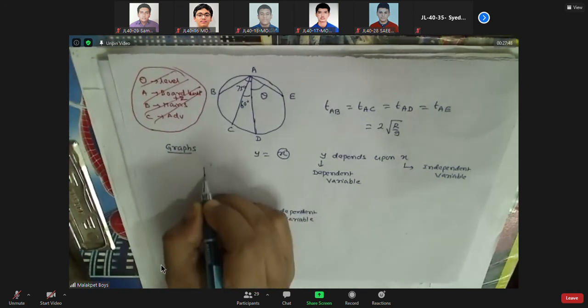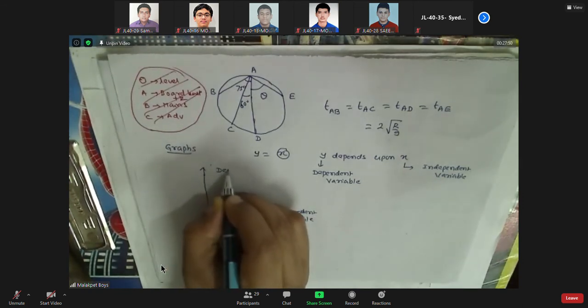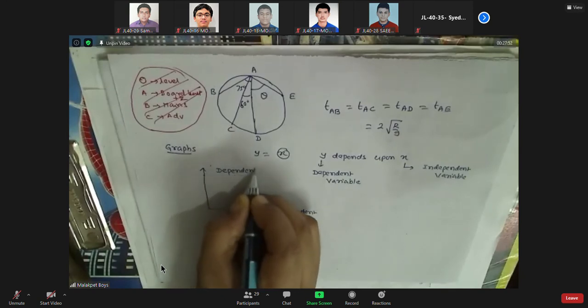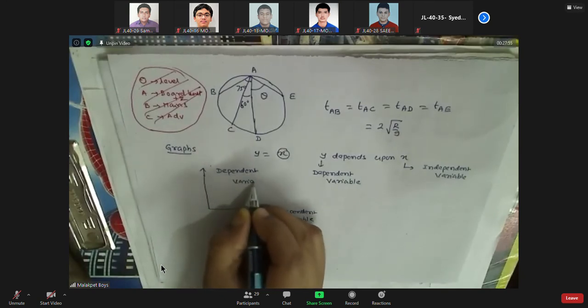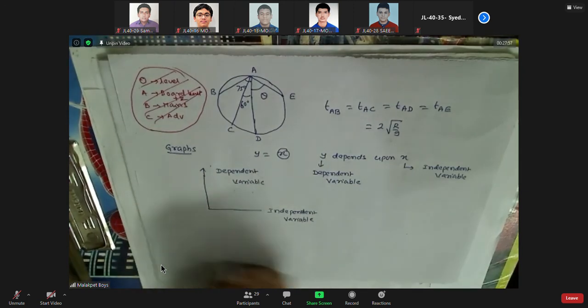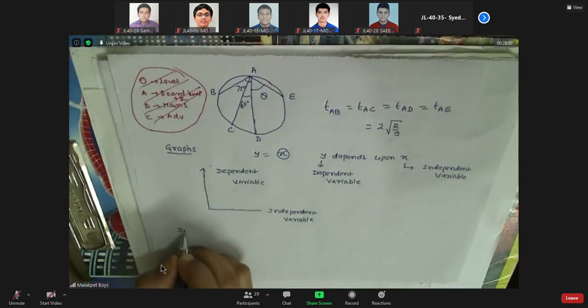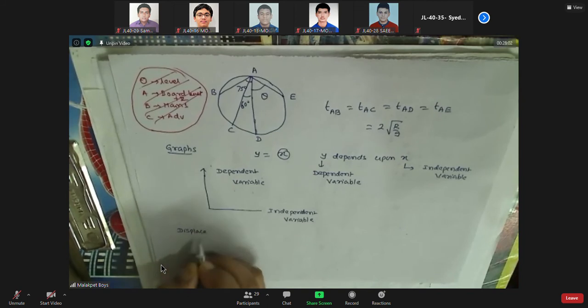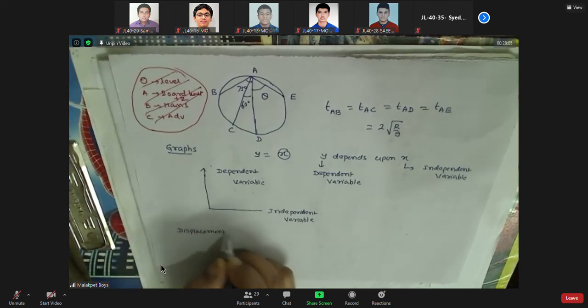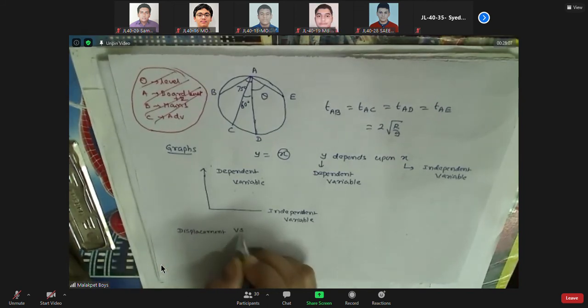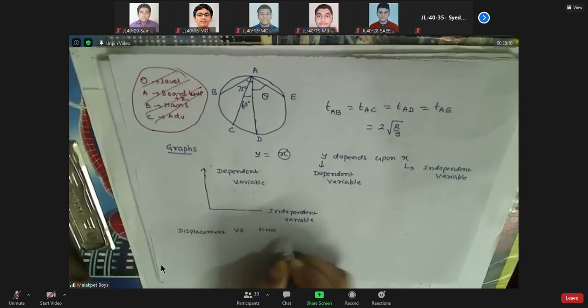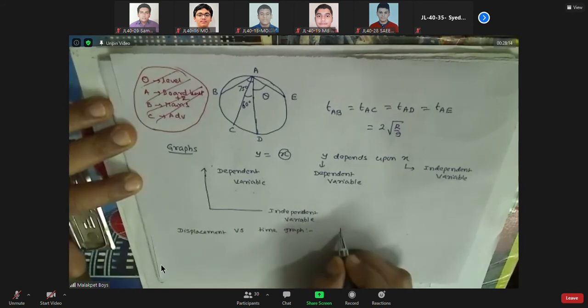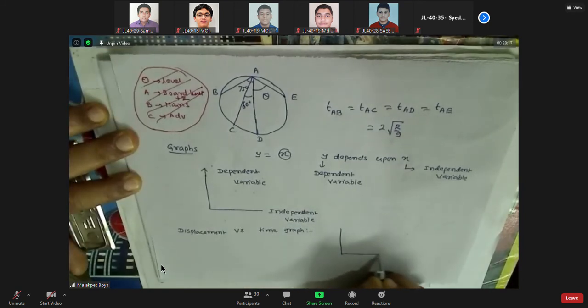For example, we take a displacement versus time graph. That means how displacement varies with time. So you have seen that this is the displacement, this is the time.